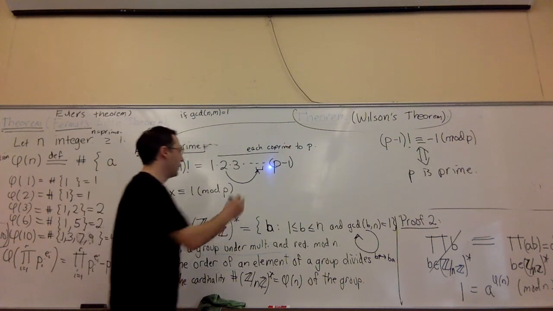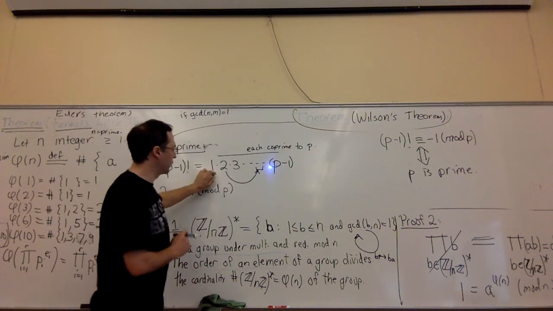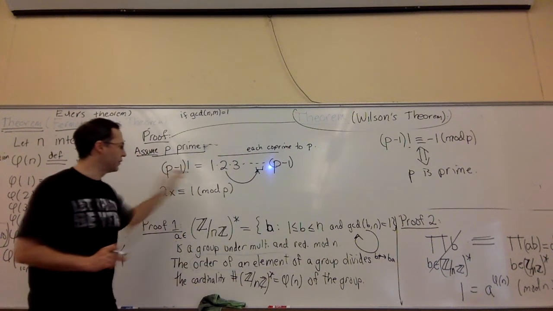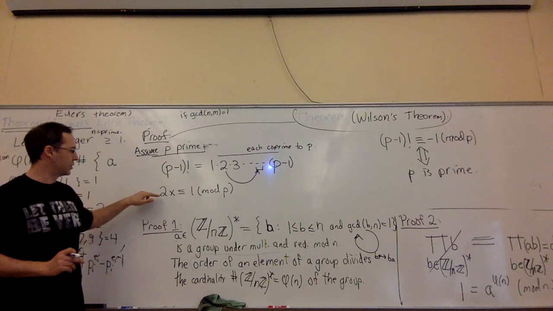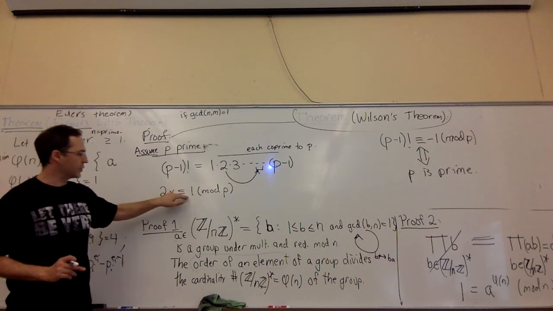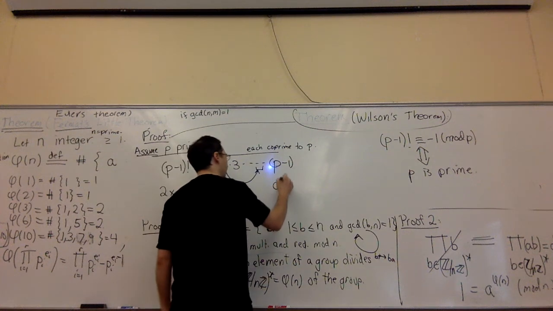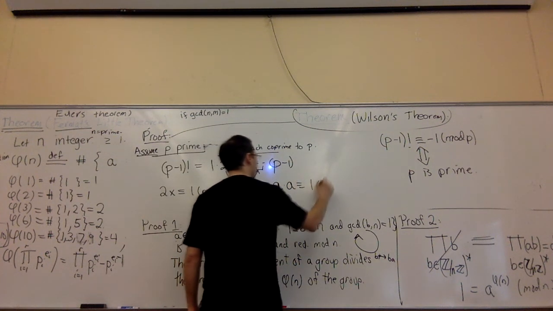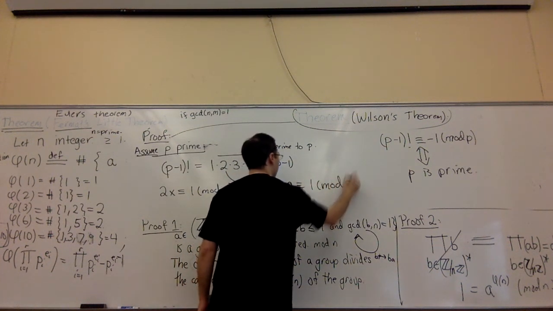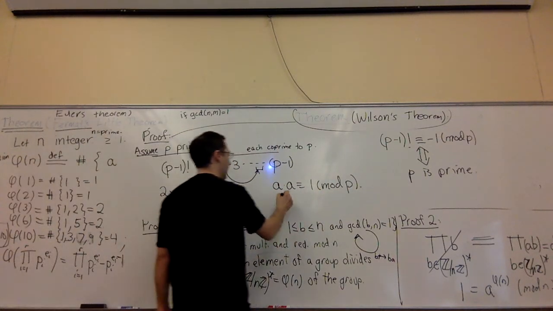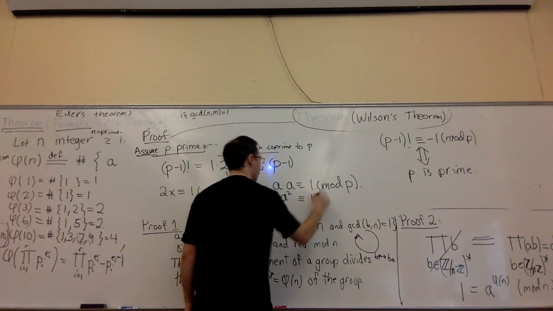All right, so imagine you have a number, one of these numbers from 1 up to p minus 1, with the property that its inverse, that is the solution to that number times x equals 1 mod p, is the same number again. So suppose you have a number a so that a times a is 1 mod p. What can you conclude about a? Well, it says that a squared is 1 mod p.